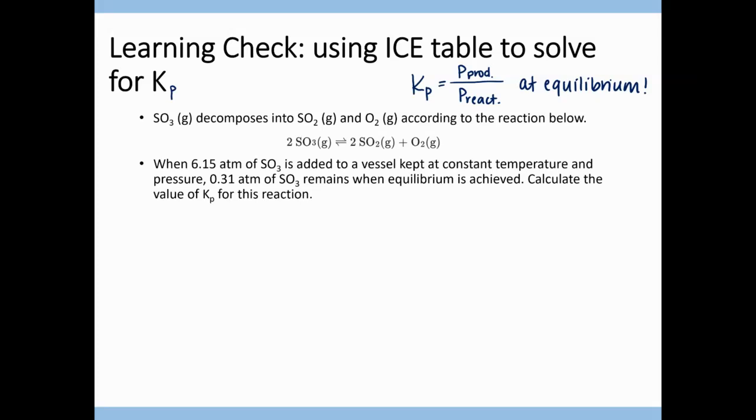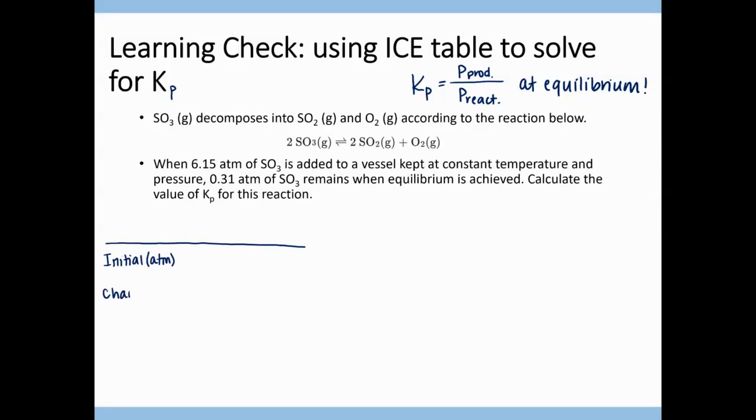So this is when we use the ICE table. We will set up the ICE table. I'm going to abbreviate initial, change, and, actually I won't, I'll abbreviate in the next example. Here we'll have initial P in atm.